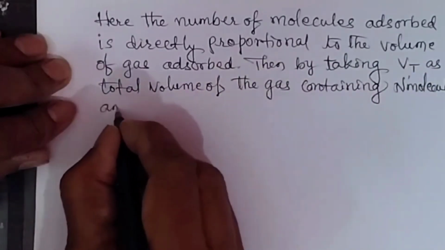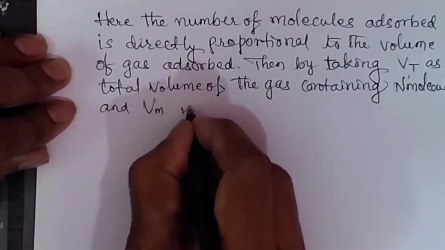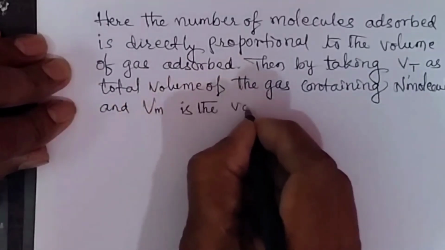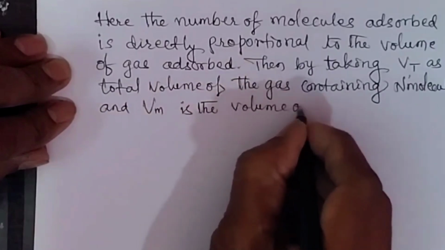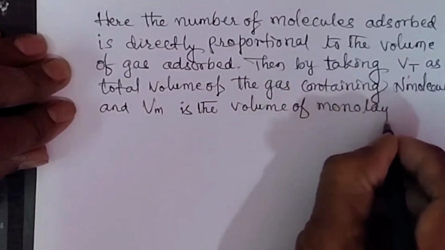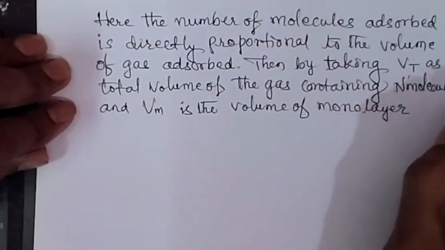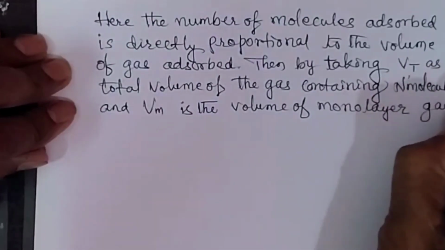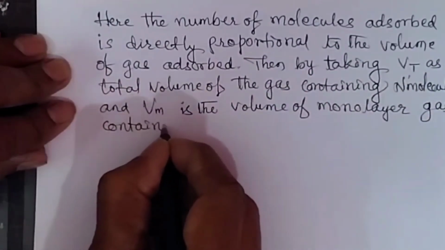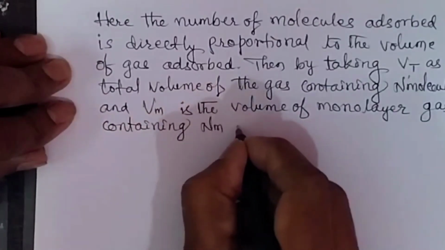and Vm volume. Vm is the volume of monolayer gas containing Nm molecules.